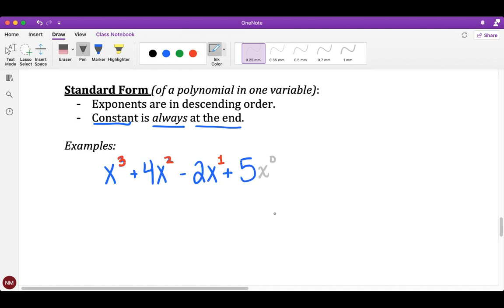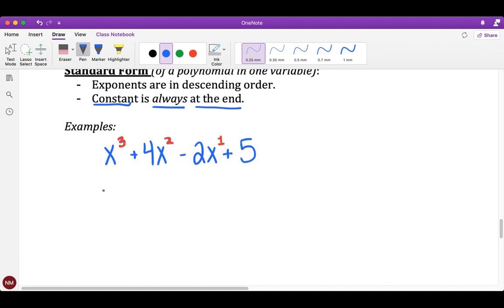You don't have to worry about all that, but a constant is x to the 0 power. So it is my 0 degree term. However, all you need to know is that this is the constant. Constant meaning that it is the number that has no variable with it. It is constant. It never changes. That will always be a 5. So 3, 2, 1, constant.